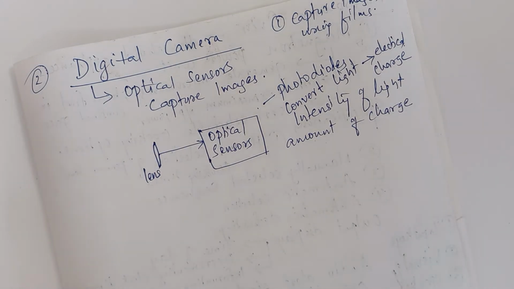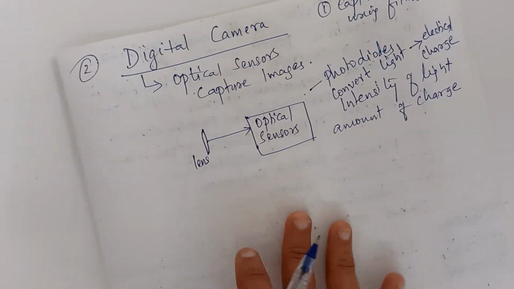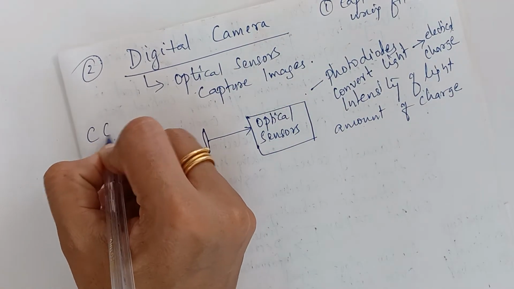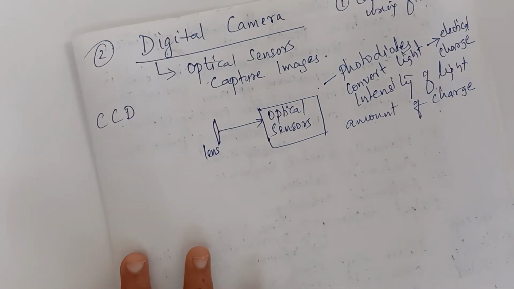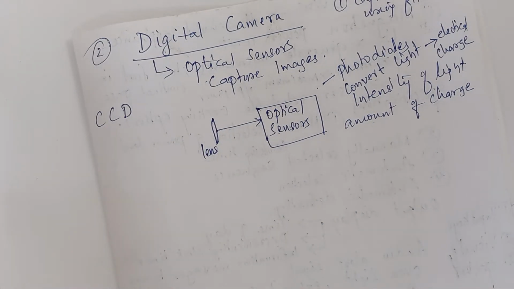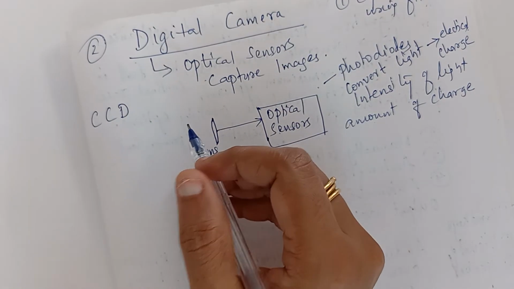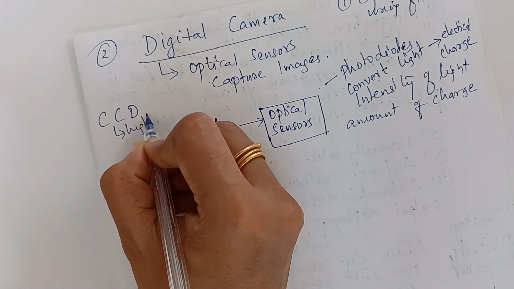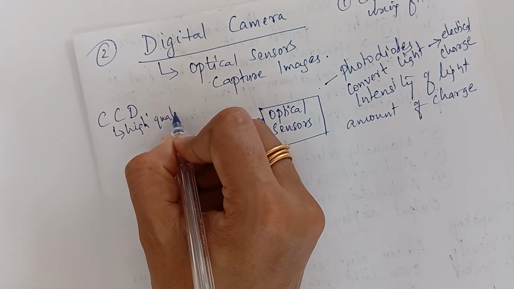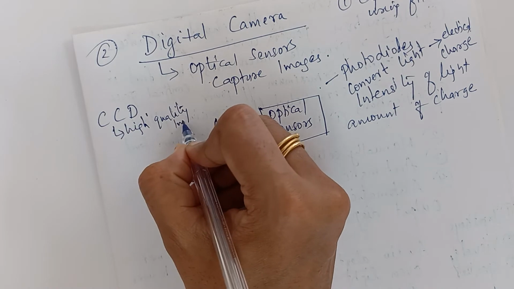See, there are two types of sensors used in commercial products. One is charge coupled devices, or CCD. It is the first type of sensing device used in digital cameras, and it gives us high quality images. And more recently, using CMOS technology, less expensive sensors are available, but they do not give such high quality images.